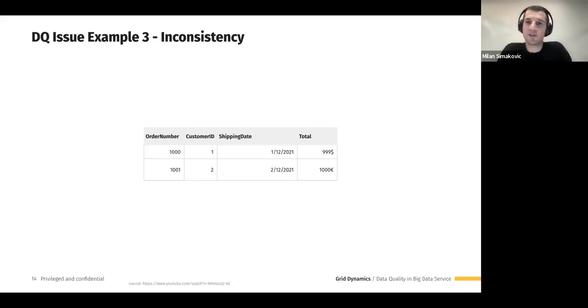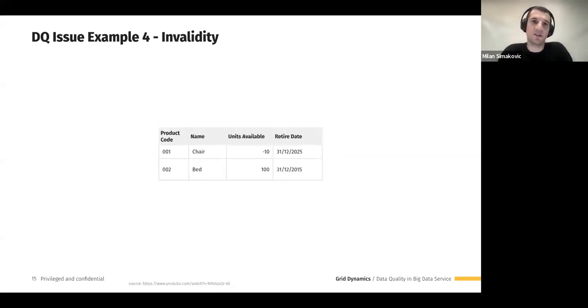The third data quality issue is related to inconsistency. Here we have a table with different currencies in the last column. You can see that the first is in dollars and the second in euros. This is something that could bring problems.